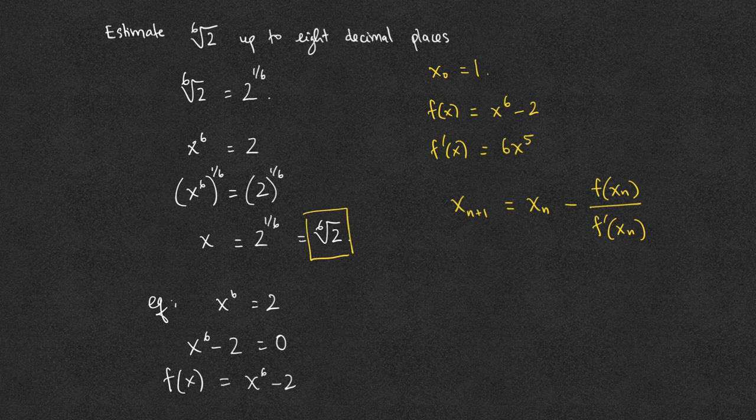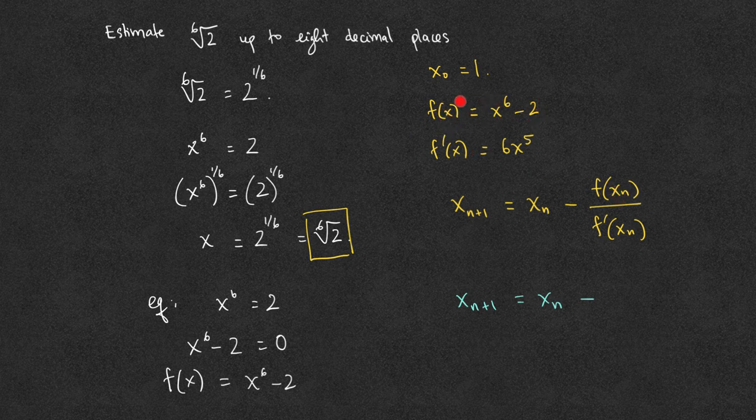Before we plug in the numbers, we should come up with the formula for x sub n plus 1 in general for this particular problem. X sub n plus 1 is x sub n minus f of x sub n, but f of x is x to the 6 minus 2.